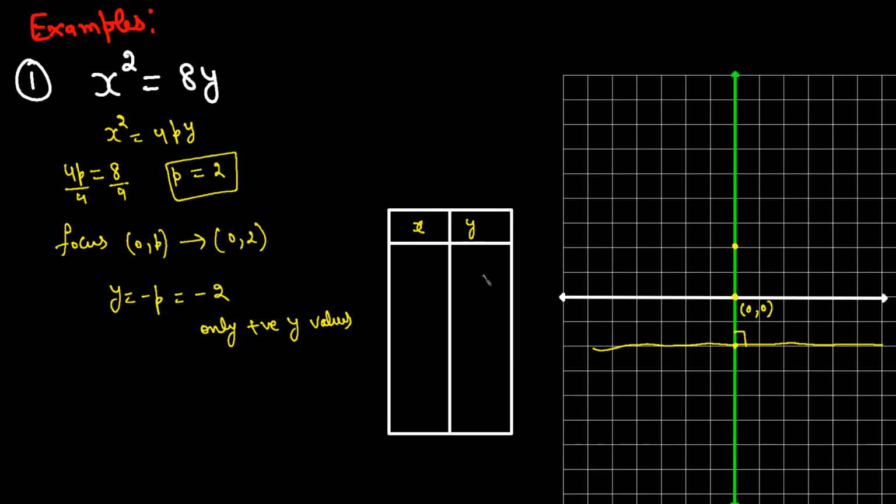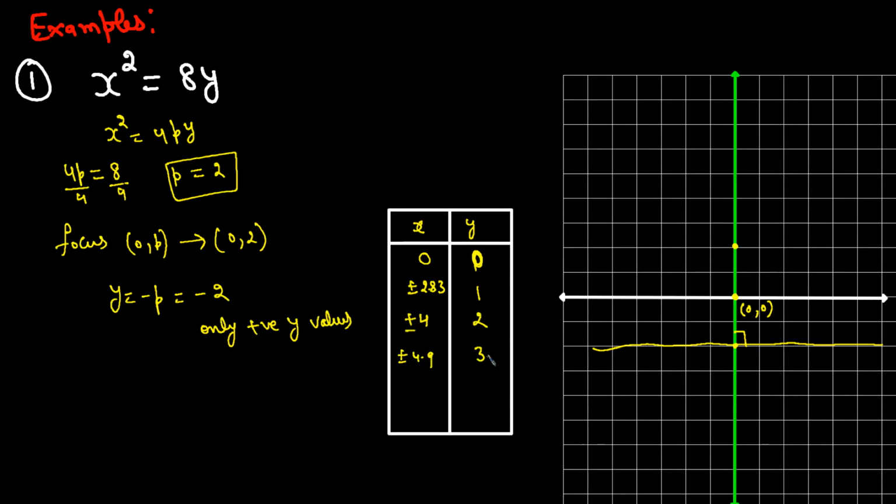So let's say if y is 0, x is 0. If y is 1, x is going to be plus minus 2.83. If it is 2, 8 times 2 is 16, so square root of 16 is plus minus 4, and if it is 3, it's plus minus 4.9.